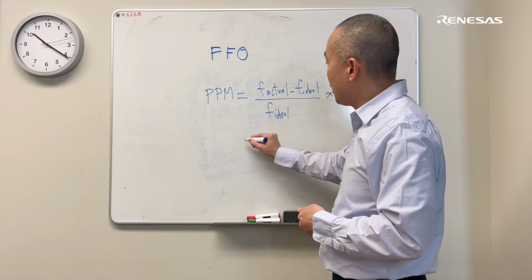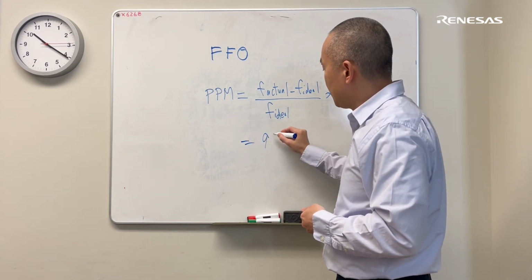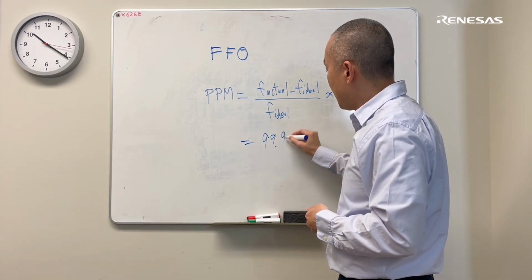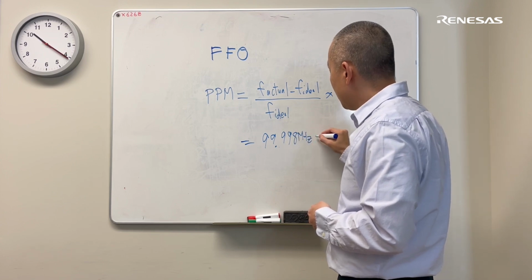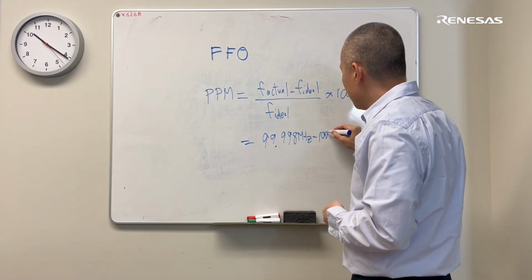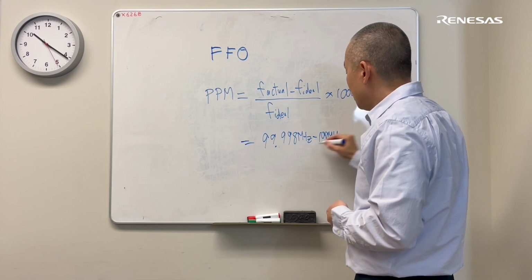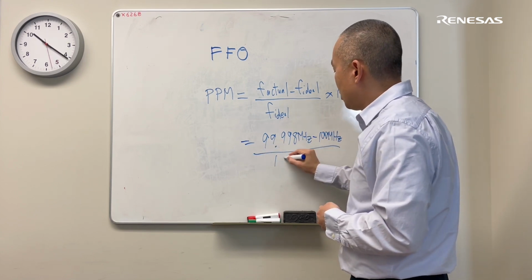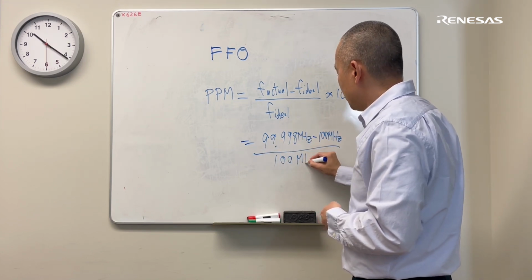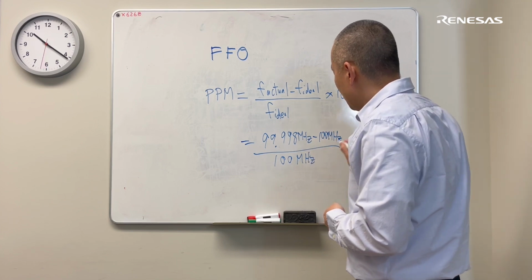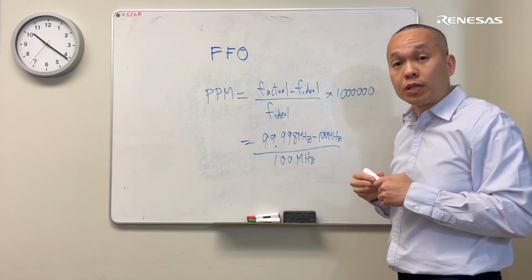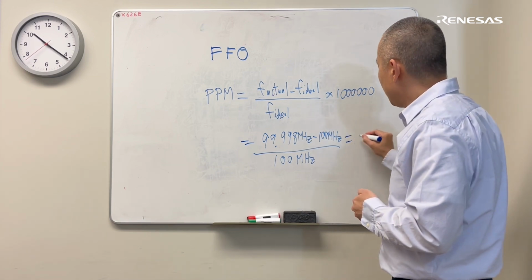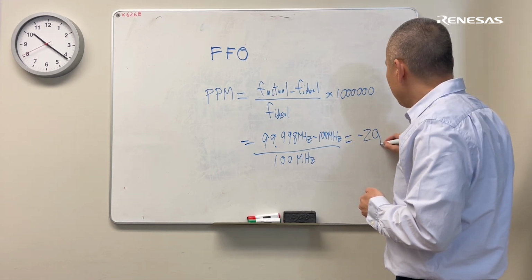So to calculate that, we take 99.998 megahertz, subtract 100 megahertz over 100 megahertz. You'll notice that the units cancel out, so ppm is actually unitless. And when you calculate this, you'll get minus 20 ppm.